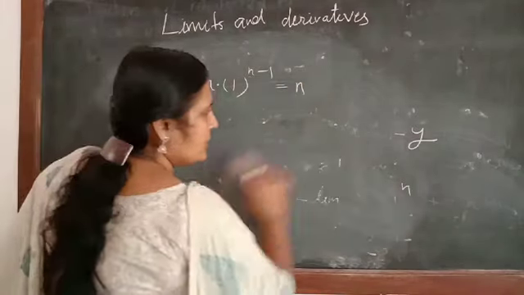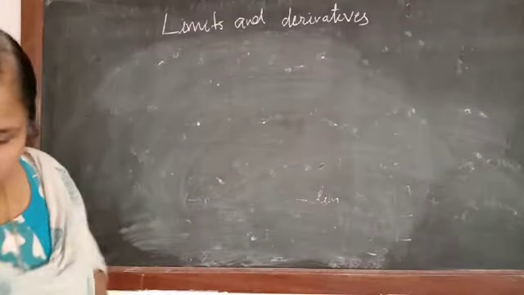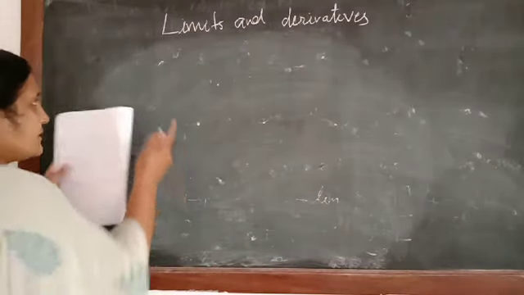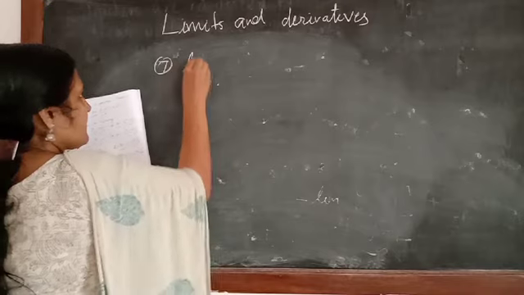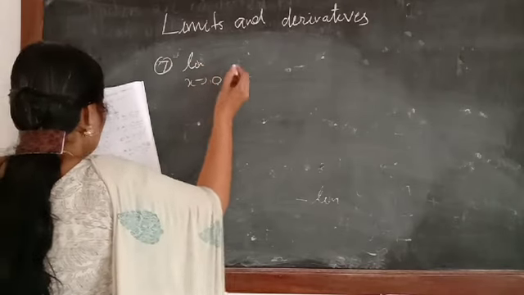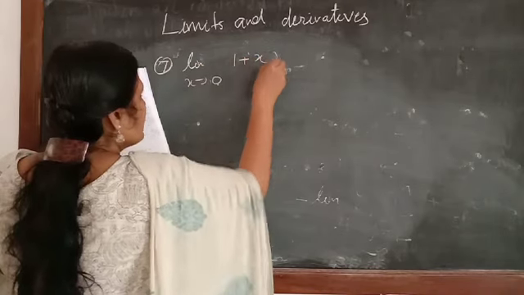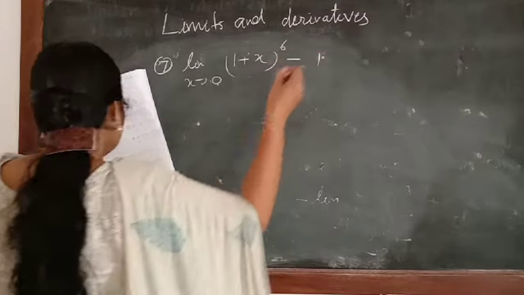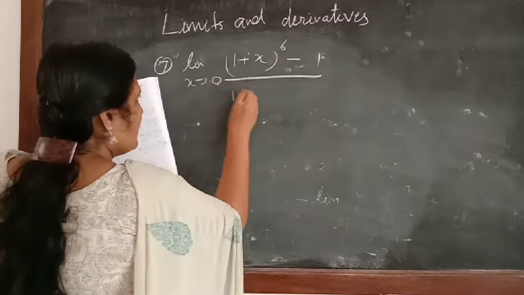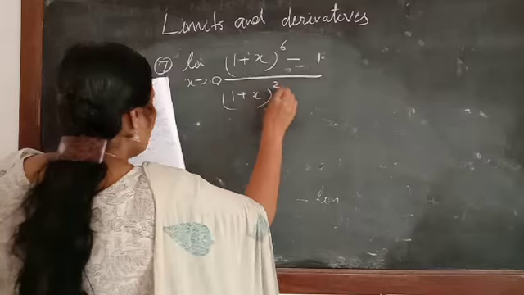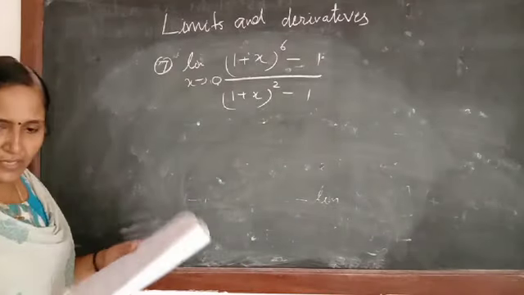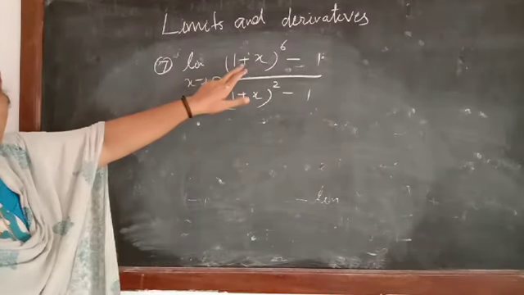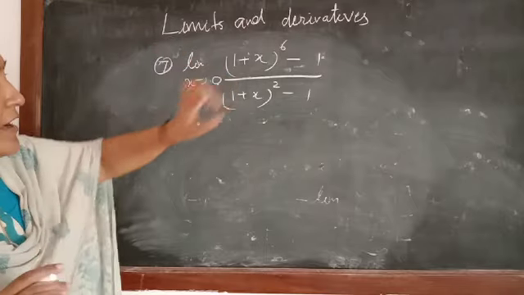Okay. Now the next question. In the 7th question it is written, evaluate limit x tends to 0, 1 plus x whole raised to 6 minus 1 by 1 plus x whole square minus 1. So here also we have two terms, but in the general form we don't have two terms here.